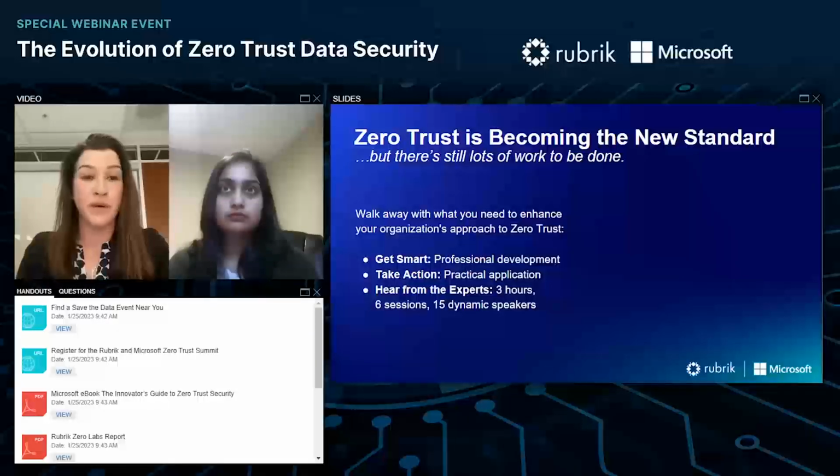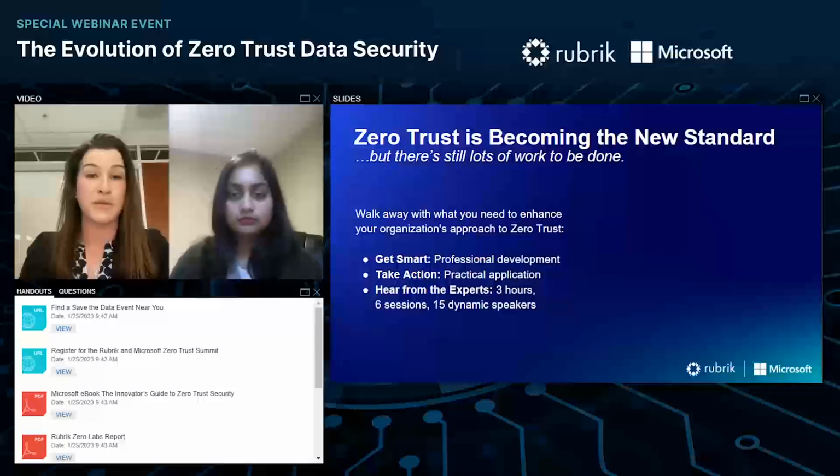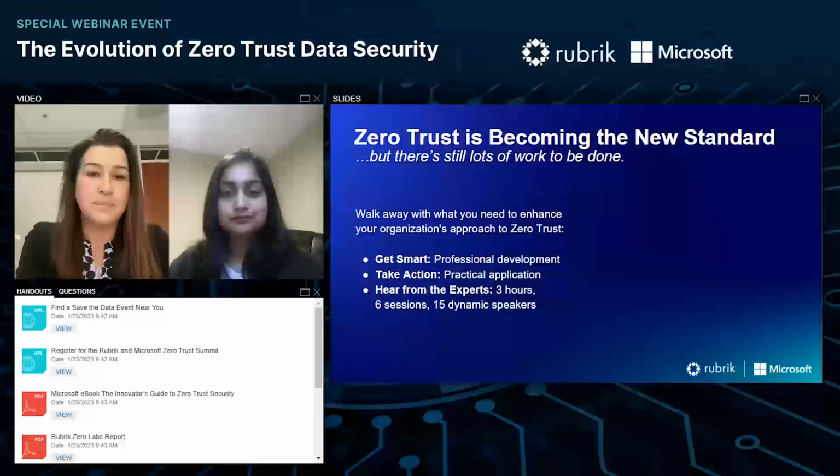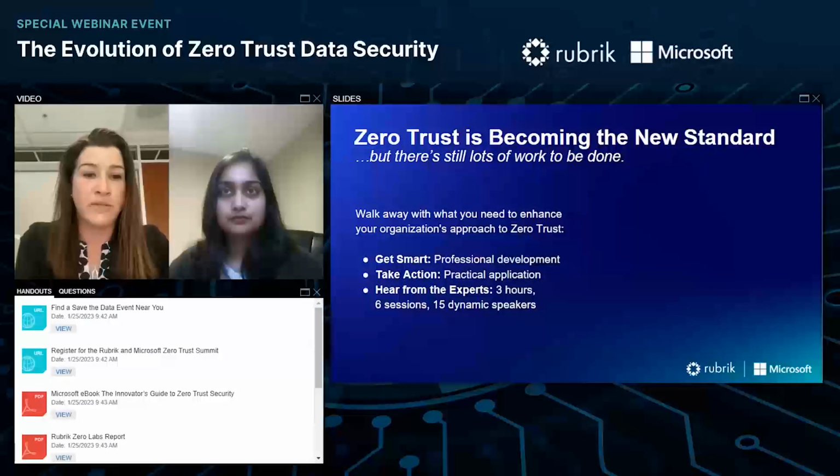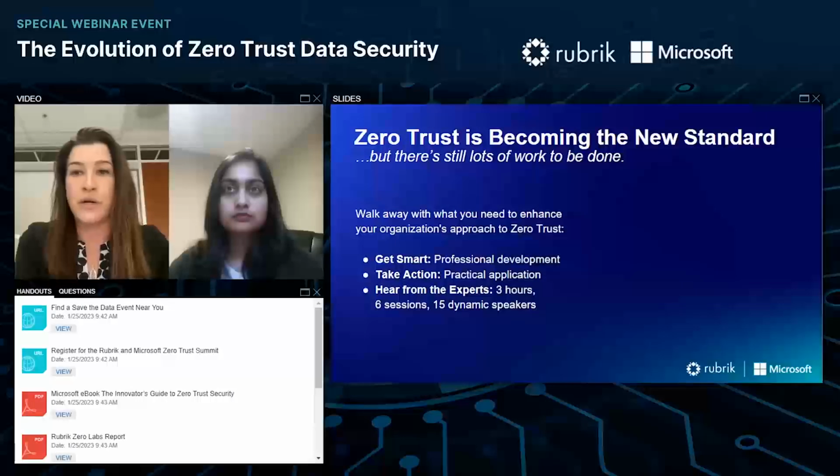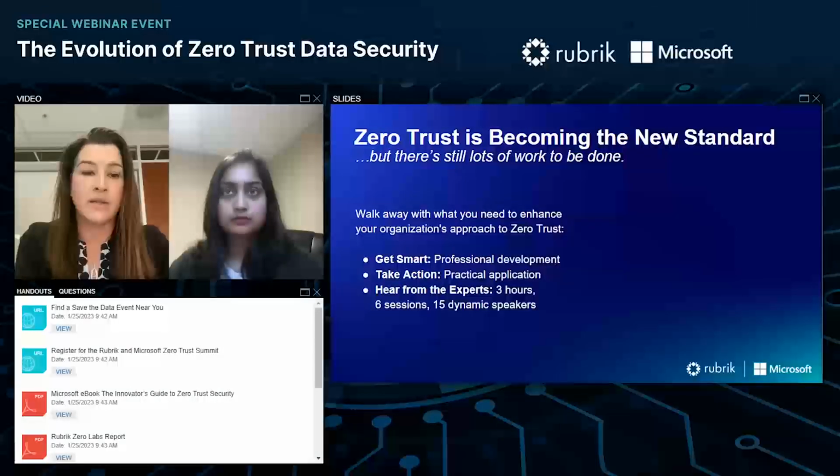Folks who have been around for quite some time still also have some opportunities to develop their skills and learn how to adapt. Scott mentioned it, but if you haven't already checked out the handout section that we have here, or you can go to Rubrik.com, checking out the Zero Labs report that has been produced by Rubrik, talks very specifically about this talent shortage that we have in cybersecurity, right?